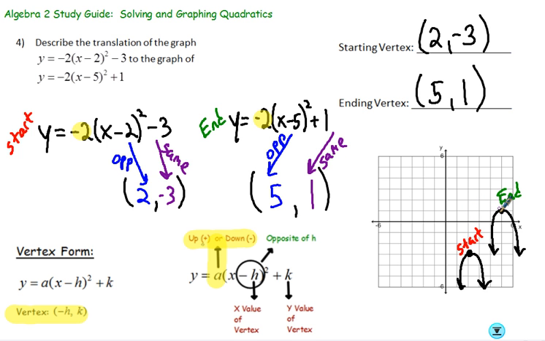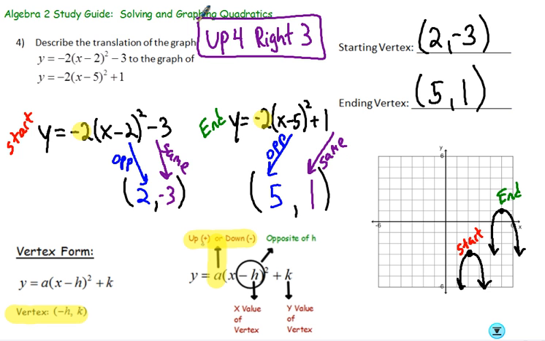So that was up 4, right 3. So our answer here would be up 4, right 3. And actually, the order doesn't matter. You could have also said right 3, because you could have gone 1, 2, 3 to the right, and then up 1, 2, 3, 4. So the order actually doesn't matter on that one.